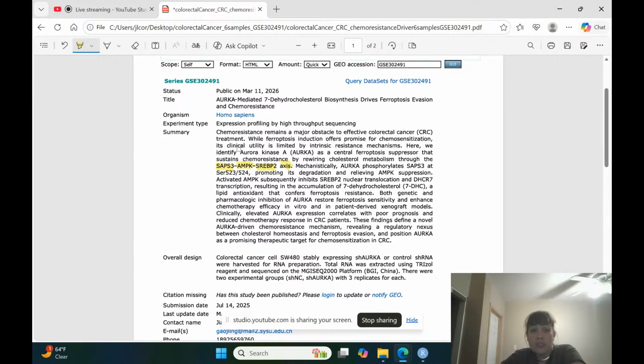And aurora kinase is AURKA. Colorectal cancer is CRC. So AURKA phosphorylates SAPS3 at Ser 523 and 524, promotes its degradation, and relieves AMPK suppression. Activated AMPK subsequently inhibits SREBP2 nuclear translocation.